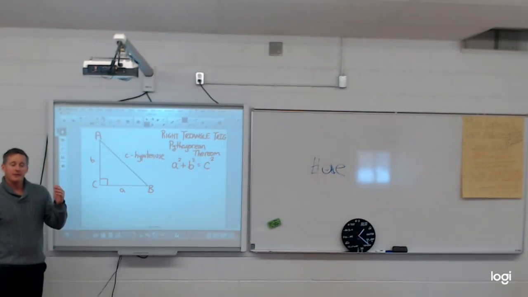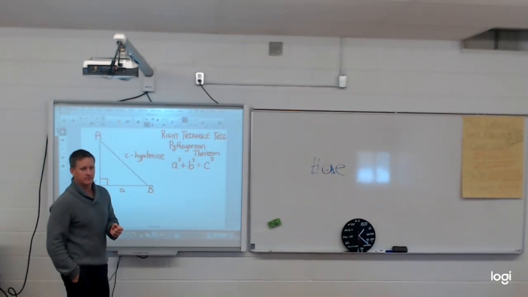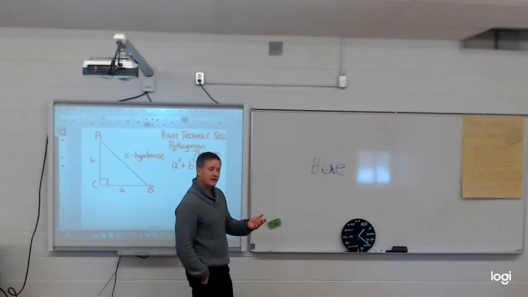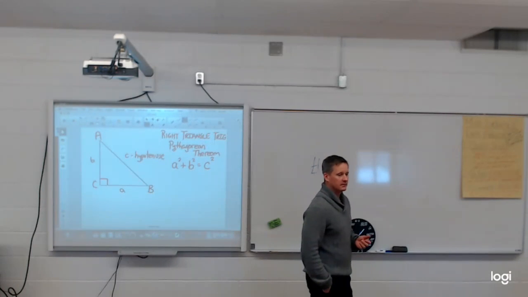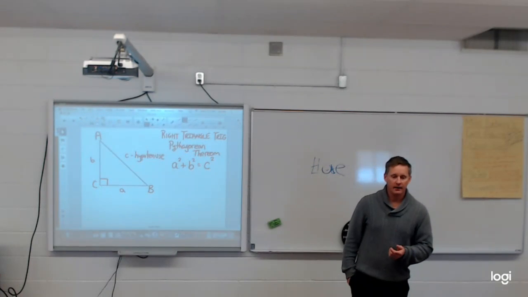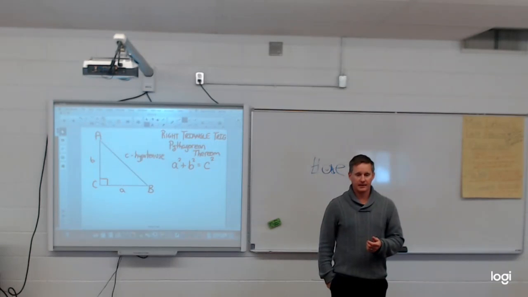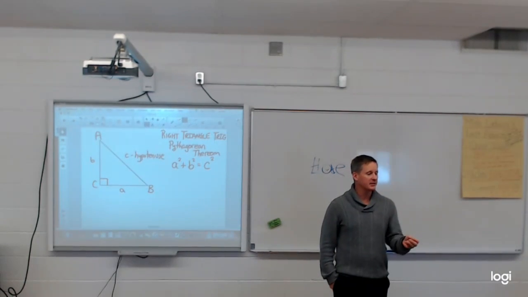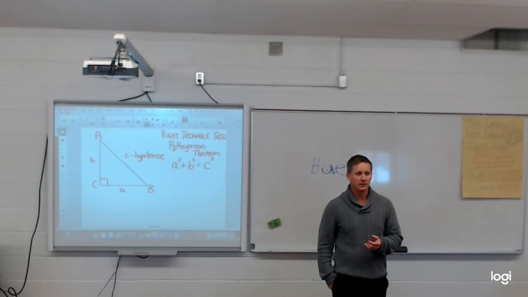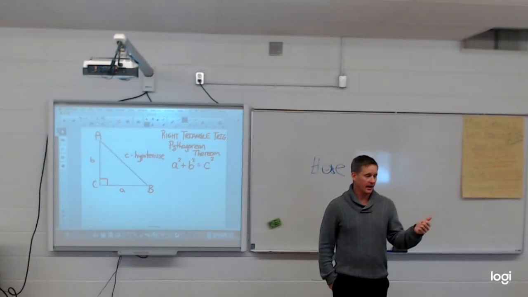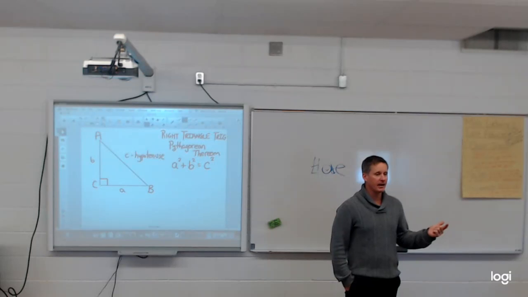The third name for this triangle is a 3-4-5 triangle. Want to know why it's called a 3-4-5 triangle? Because it's the lowest whole numbers that work for the Pythagorean theorem. 3 squared, 9. 4 squared, 16. 16 and 9 make 25.